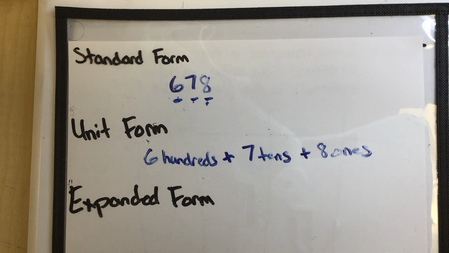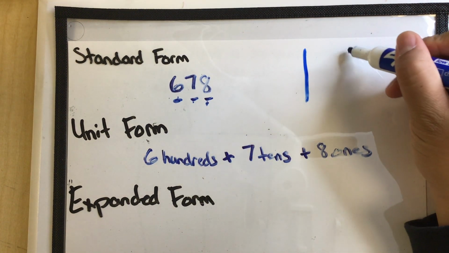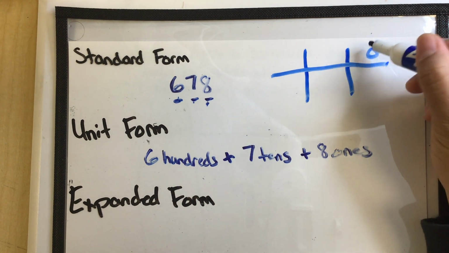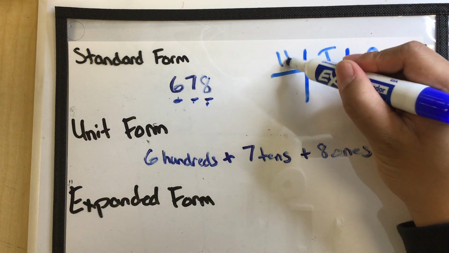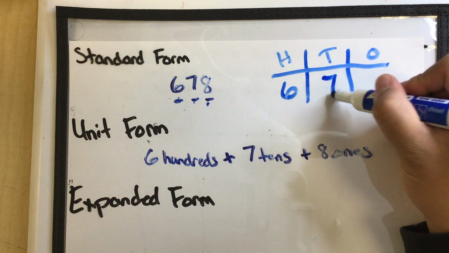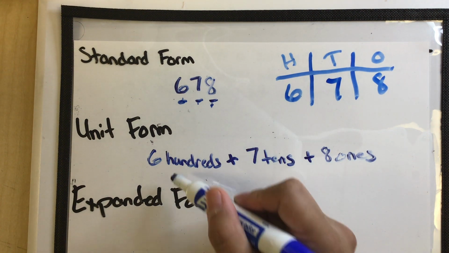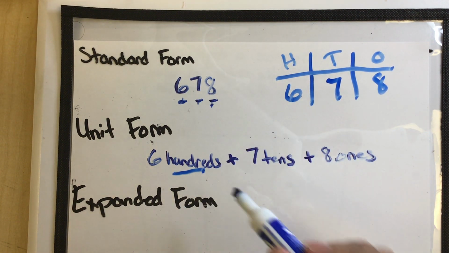That's showing our unit form. We're seeing that there are 6 hundreds, 7 tens, and 8 ones. If we drew it on a placement chart, I'm just going to draw a really quick one up here: ones, tens, and hundreds. We have 6 hundreds, 7 tens, and 8 ones. Hopefully you can see how we get to our unit form from our standard form.